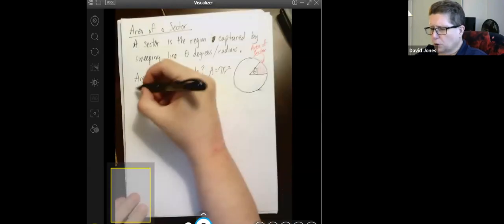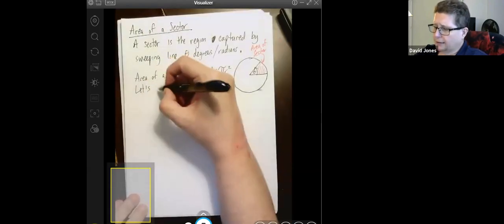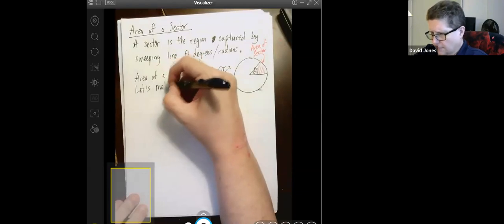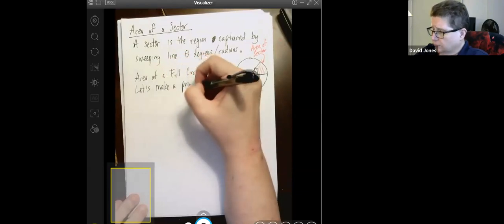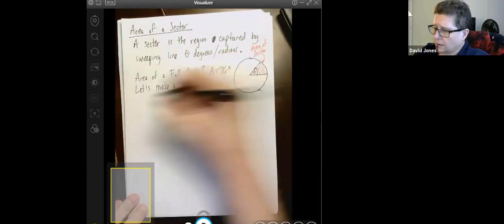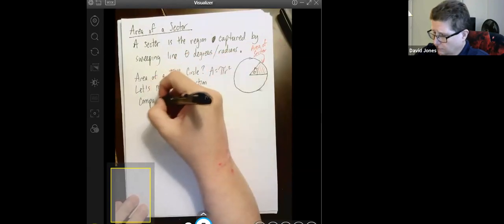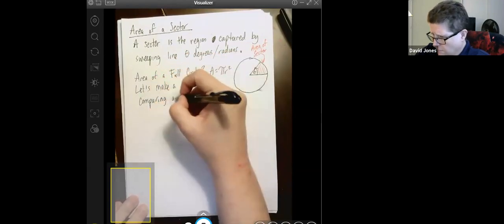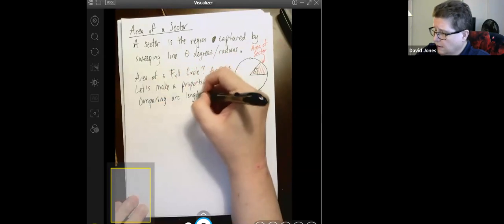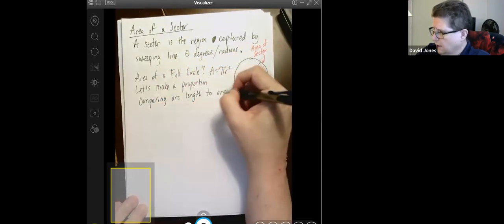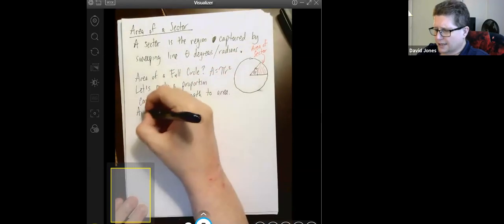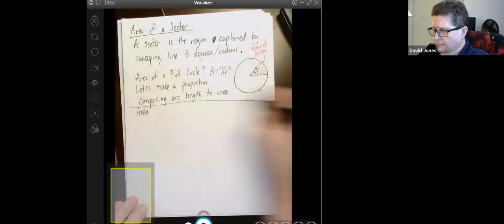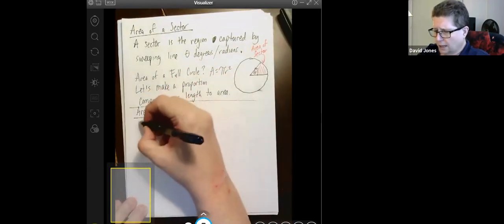So let's make a proportion comparing arc length with area. We can put area on top, arc length on bottom.